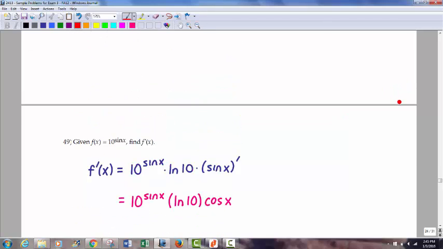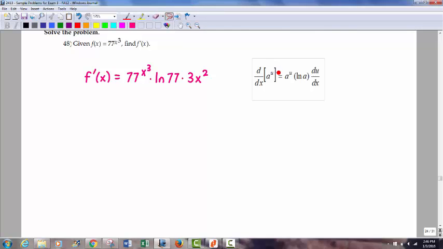49, same formula. I guess I could go ahead and copy that down.